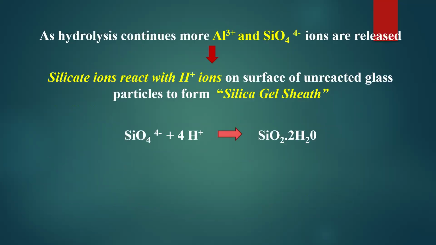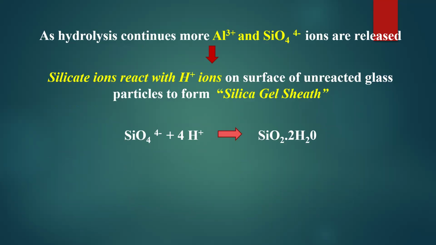Now, as hydrolysis continues, a greater amount of aluminum and silicate ions are released, and these silicate ions will react with H plus ions which are present on the surface of unreacted glass particles to form an important structure called the silica gel sheath. In the first step, a lot of ions were released, and all the H plus ions will not take part in the reaction.